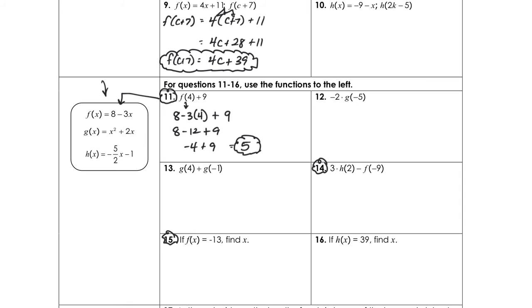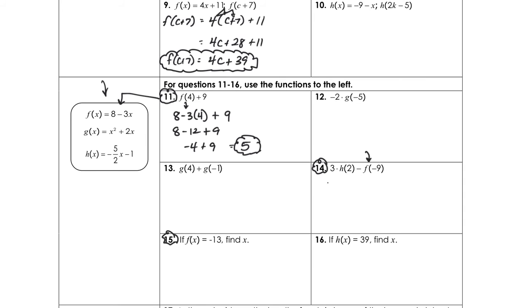Number 14, right? Number 14 says 3 times h of 2 minus f of negative 9. Now what's really important here is that we are doing substitution. When I place a minus in front of a substitution, remember that parentheses are extremely important.